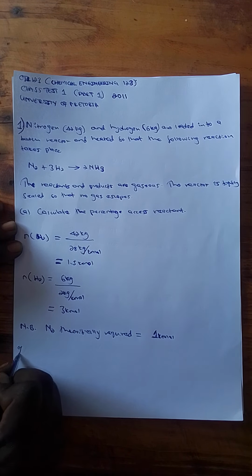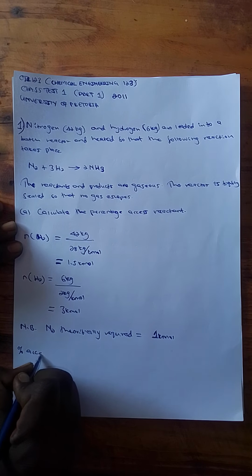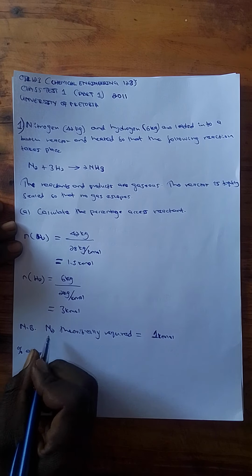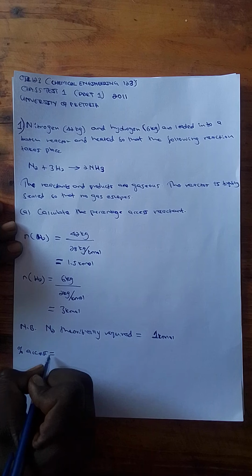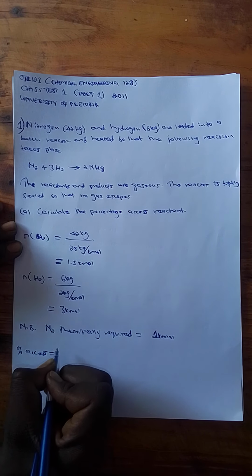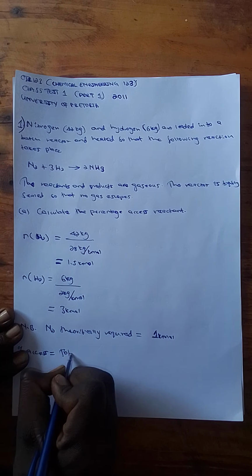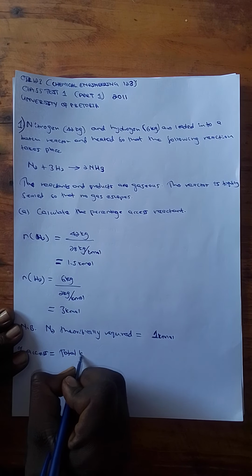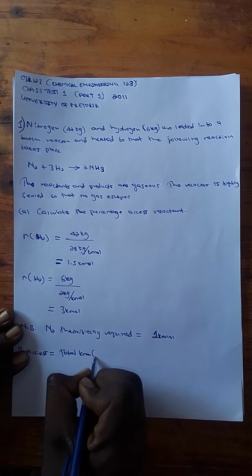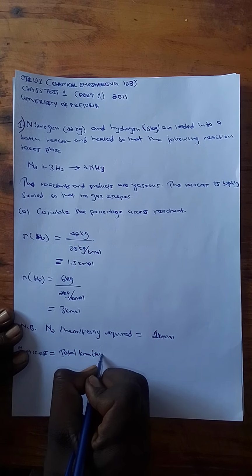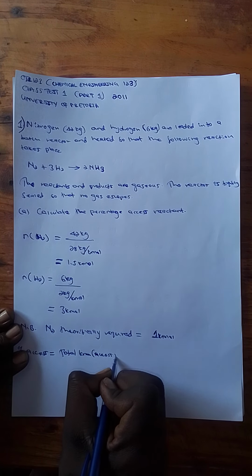So we can just say percentage excess is equal to total kilomole of excess reactant.